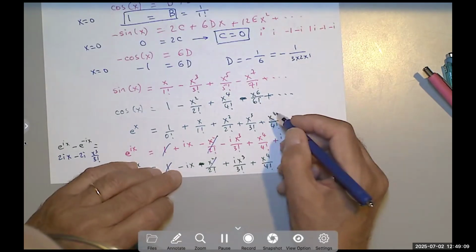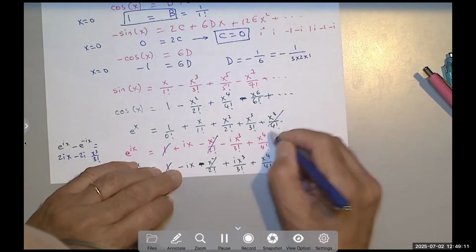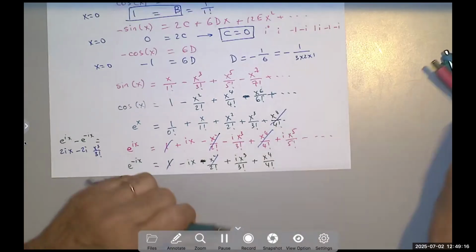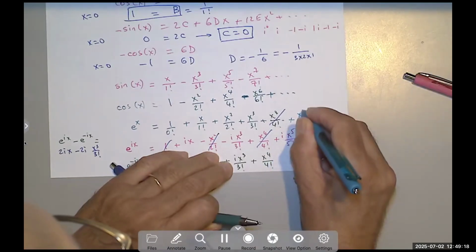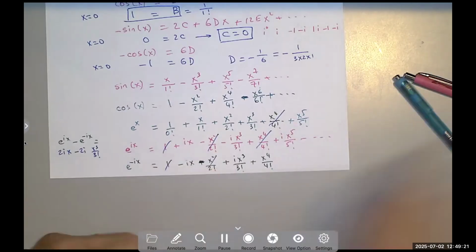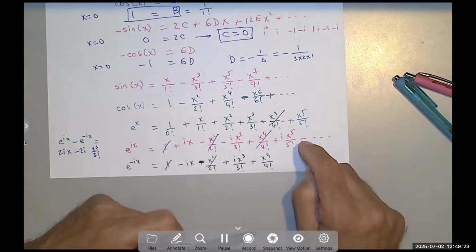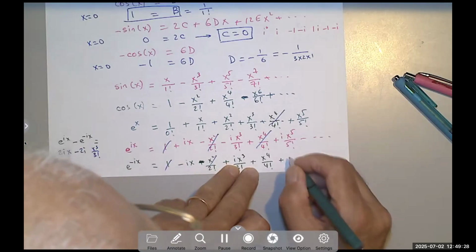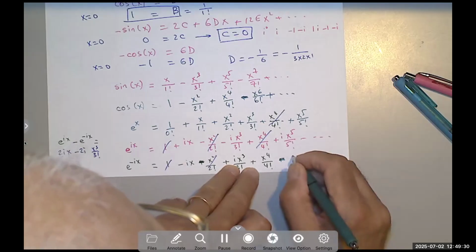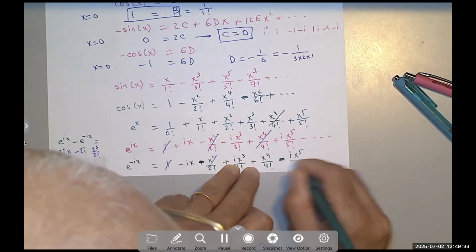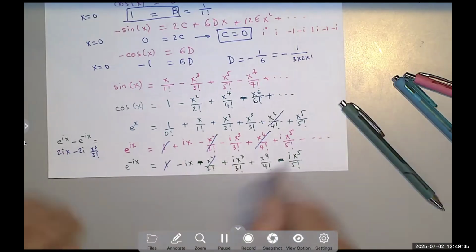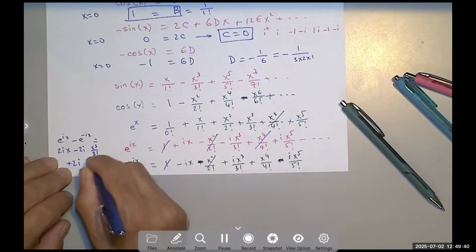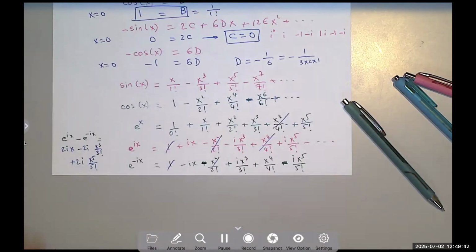And then this and that cancel. And here, where I had plus x to the fifth over 5 factorial, and this would also be plus, would it be plus? No, minus i x to the fifth over 5 factorial. So it means this minus that will give me plus 2i x to the fifth over 5 factorial.